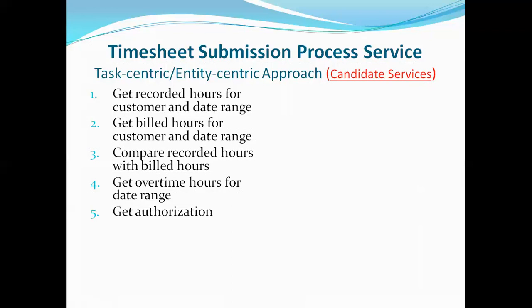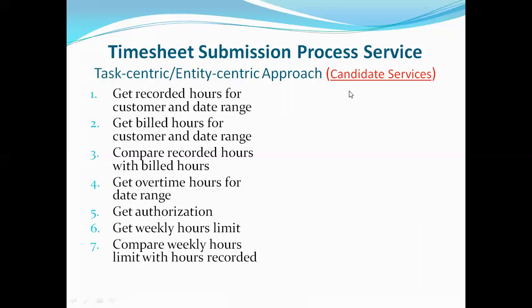Get authorization, in case the overtime hours are considered. Then get weekly hour limits for every employee. The weekly hour limit is assigned by the clerk, and the recorded hours are compared with the weekly hour limits.